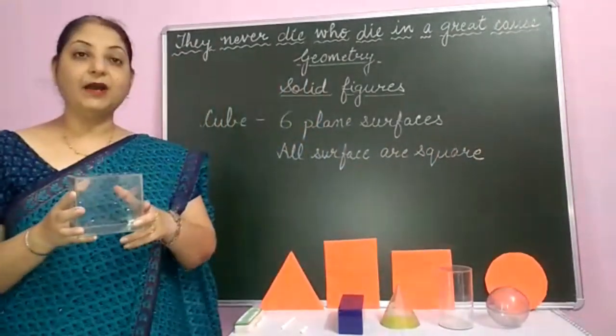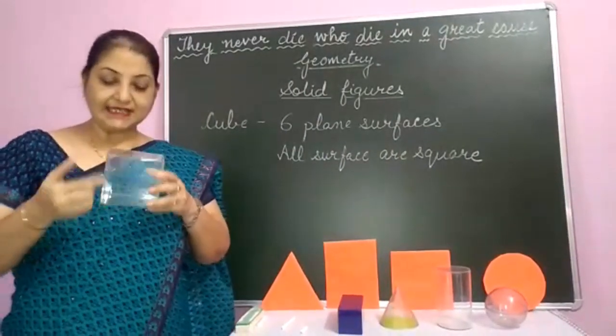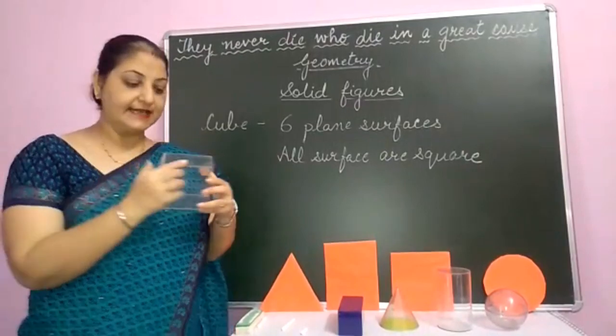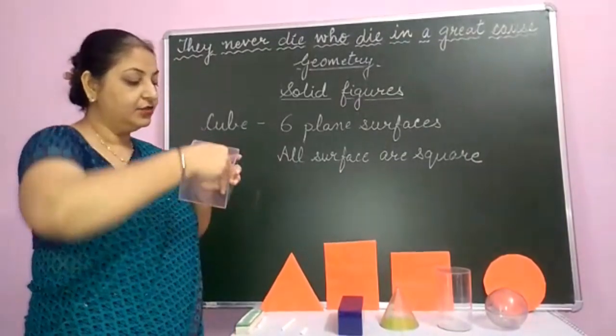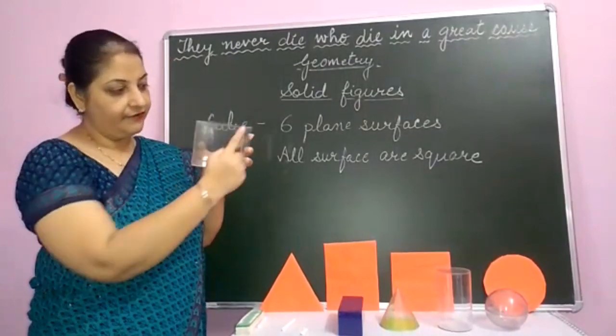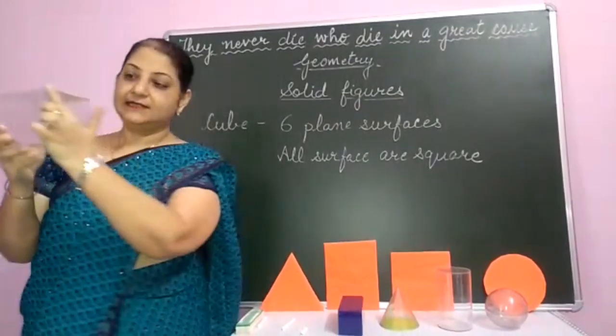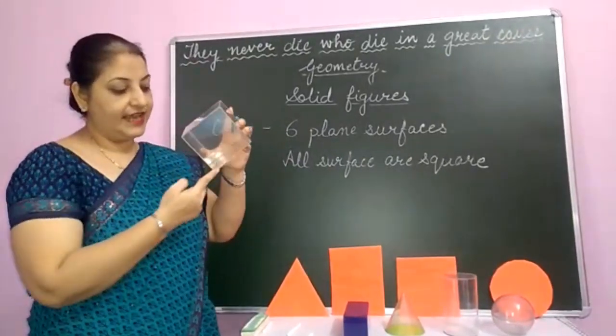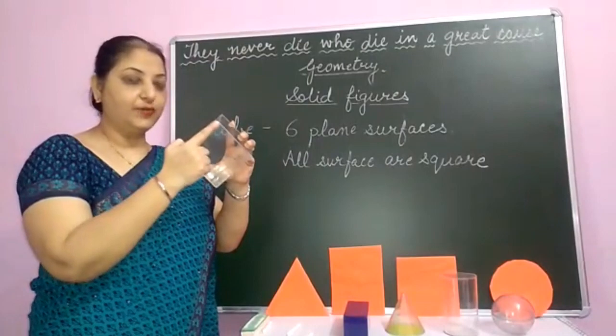Now let us talk about its edges. Edges, I told you, are where two surfaces join. Let us count. 1, 2, 3, 4, 5, 6, 7, 8, 9, 10, 11, 12.